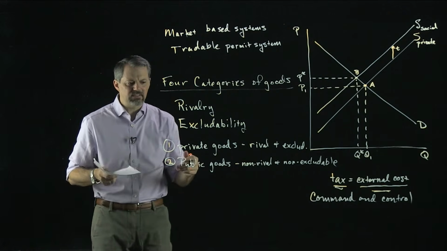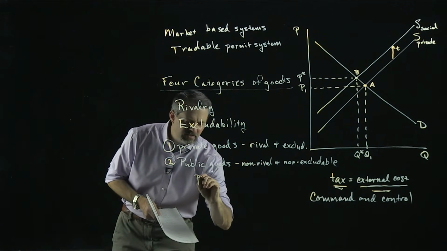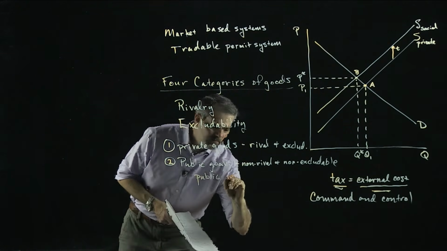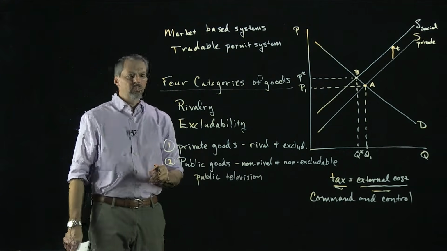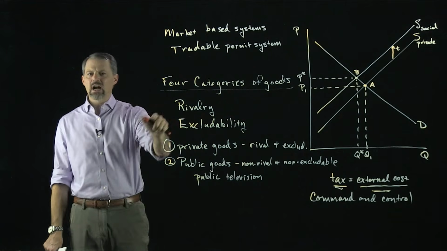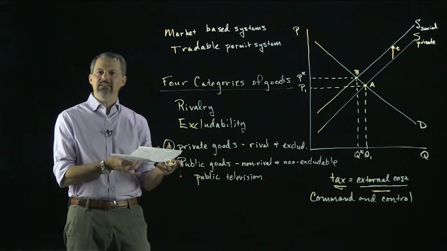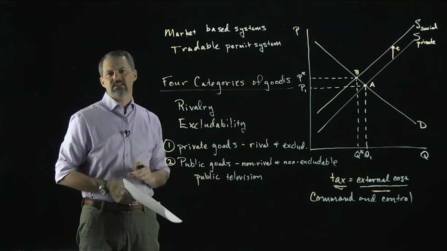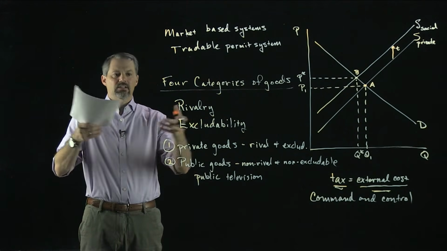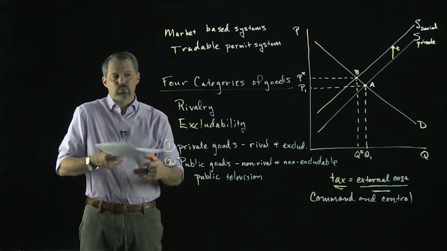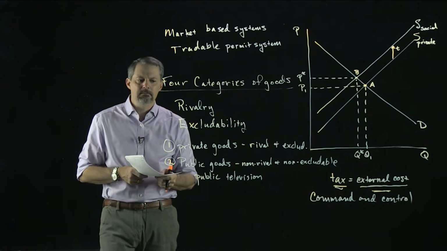So these would be things like, let's say, public television. So public television is non-rival. In other words, I can turn my TV set on and watch public television, and that doesn't diminish the amount of public television that there is available for everybody else to watch. We could all be watching it at the same time.